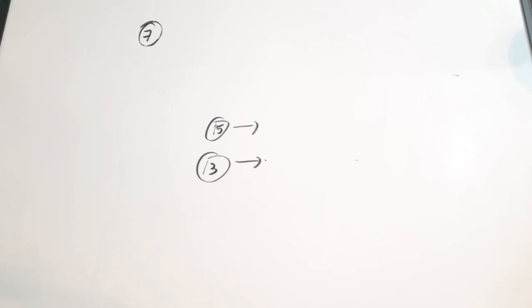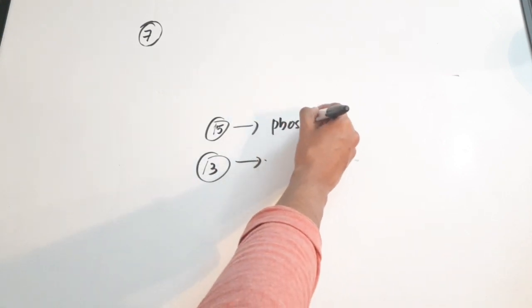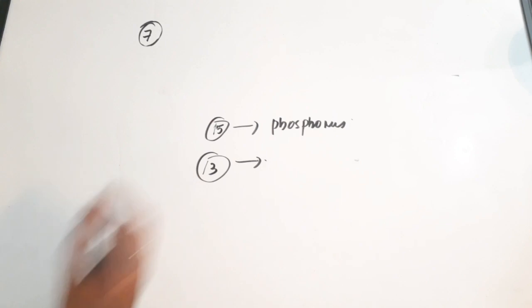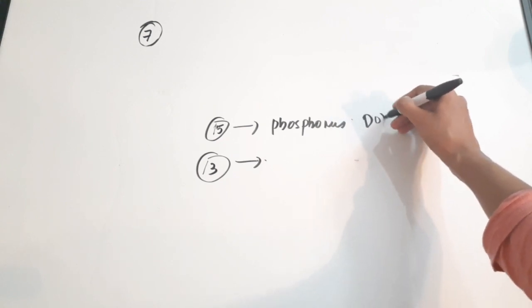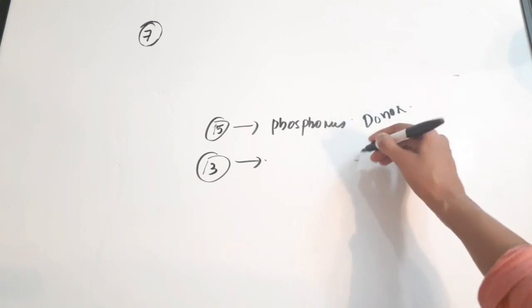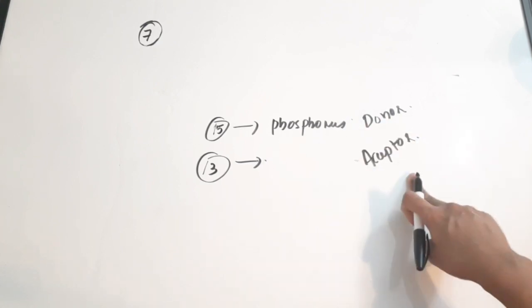Option D, phosphorus, is 15th group. Nitrogen, phosphorus, arsenic, antimony, bismuth, these are 15th group elements. So you need a 15th group element, which is a donor impurity. These are acceptor impurities. Group 13 elements are acceptor impurities.